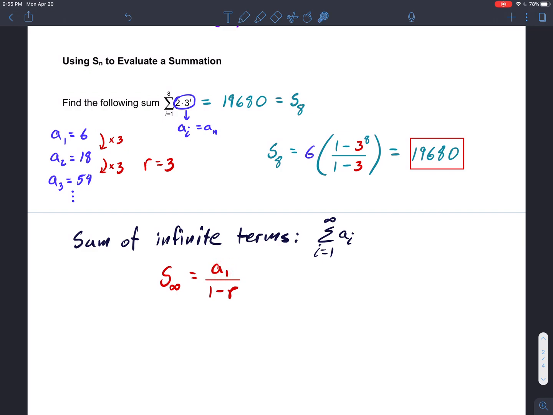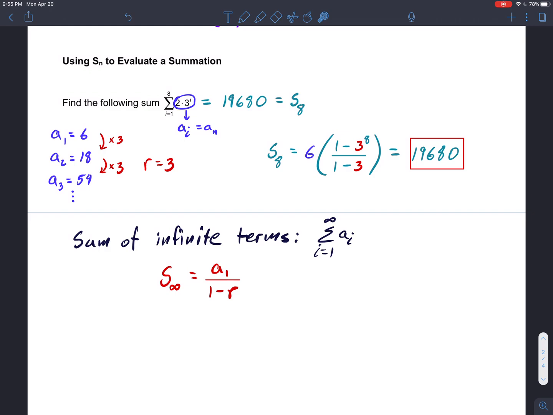A sub 1, the first term, divided by 1 minus the common ratio. And that would give you the sum of infinite terms for a geometric sequence, geometric series.